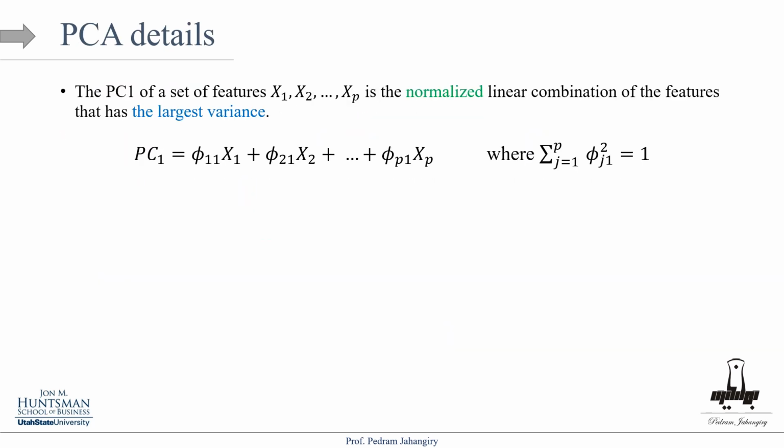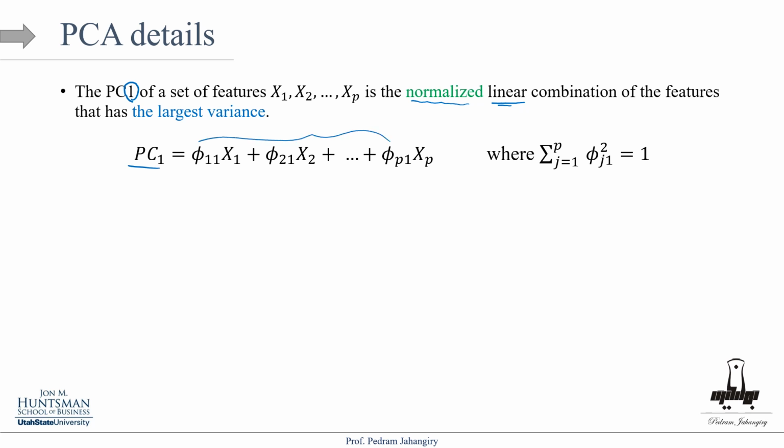Okay, let's talk about the details. What is PC1? PC1 is a normalized linear combination of features that has the largest variance. That's why we call it PC1. This is the direction that gives us the largest variance, and it's a linear combination of those features, this is important. So this is your PC1, a linear combination of a bunch of x's.